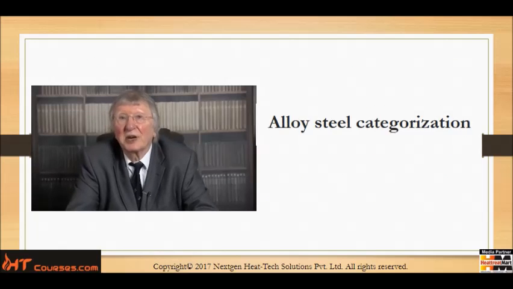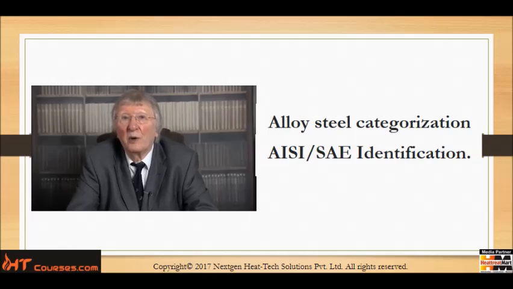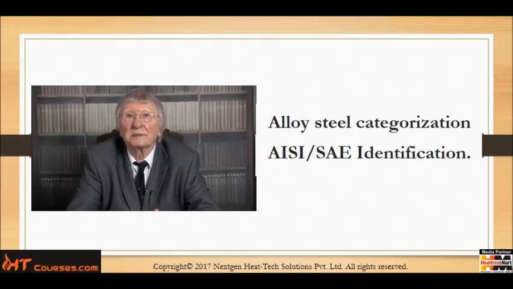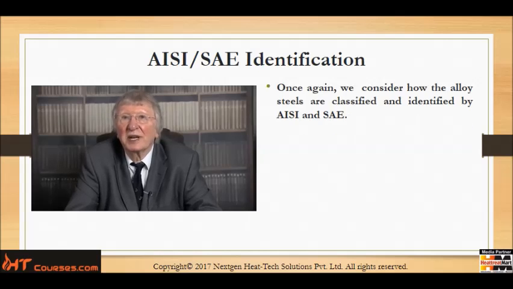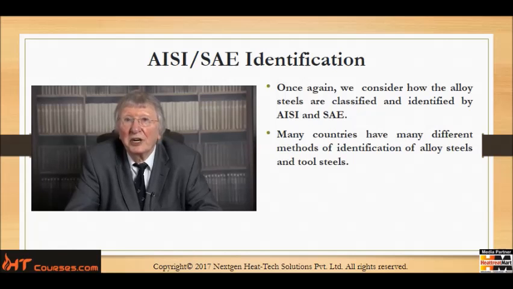Alloy steel categorization. That is the AISI/SAE identification of steels. Once again, we consider how the alloy steels are classified and identified by AISI and SAE. Many countries have different methods of identification of alloy steels and tool steels.